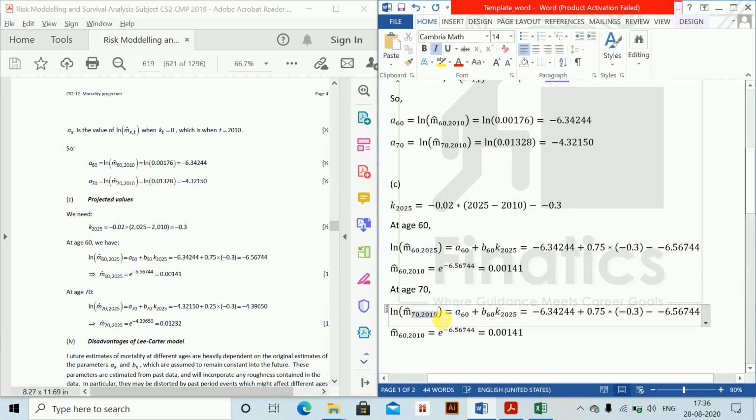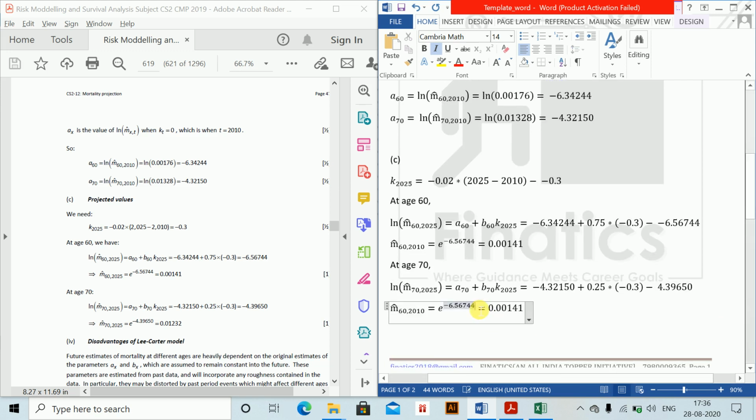Then a70 plus b70 k2025 is minus 4.32150 plus 0.25 into minus 0.3, and this value becomes minus 4.39650.